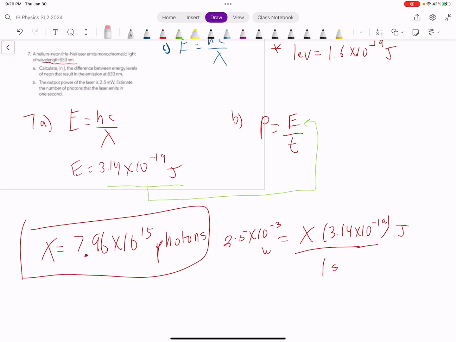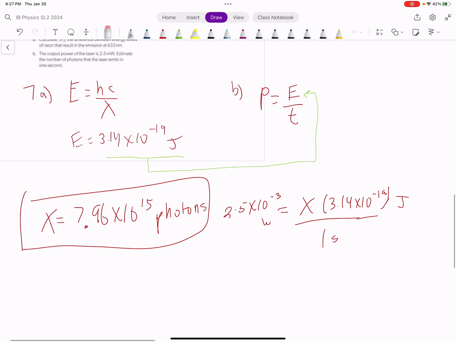And that power is produced by photons that have an energy of 3.14. So how many photons do we have? So we put X equal to the photons. Well, that's a lot of photons, right? We're going to solve this with 1 second on the bottom. And then that's the number of photons.